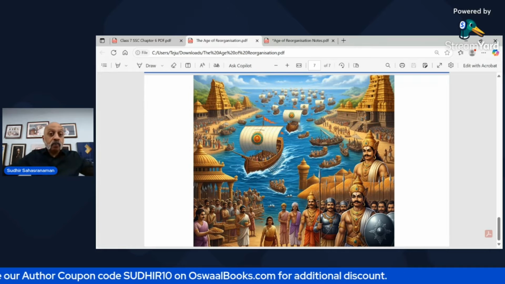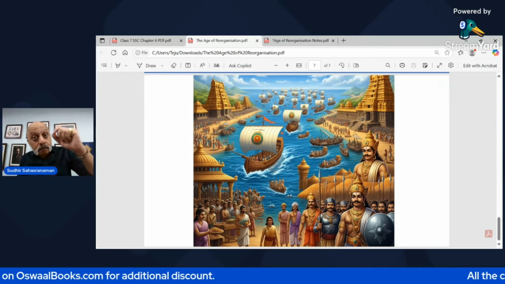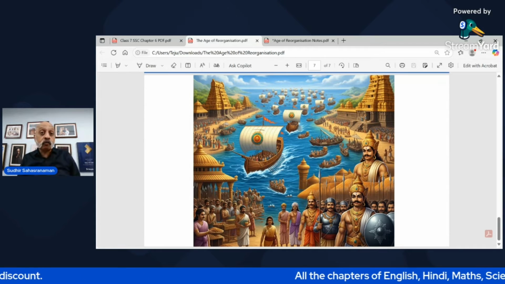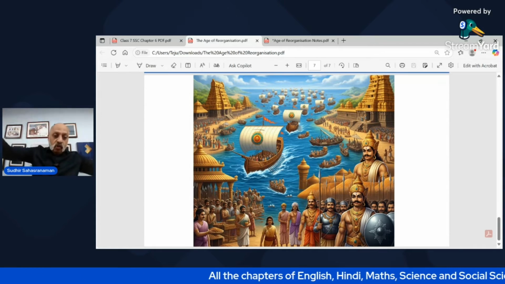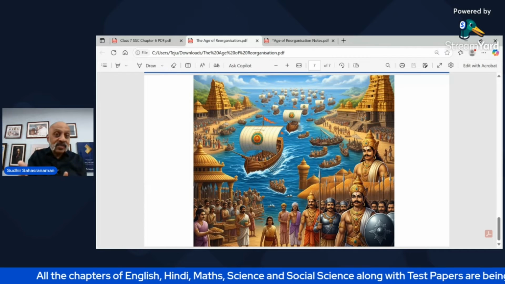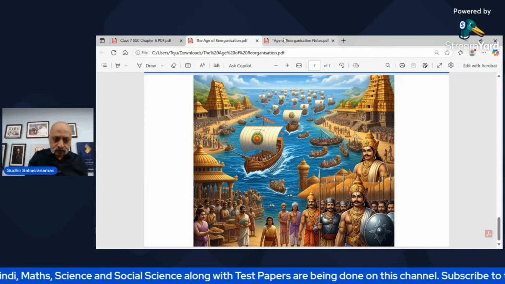They had very powerful armies, because of which they were able to be in independent control even when the Maurya Empire was ruling over the rest of India. So this illustration gives you a sense of how powerful the Chola kingdom really was.